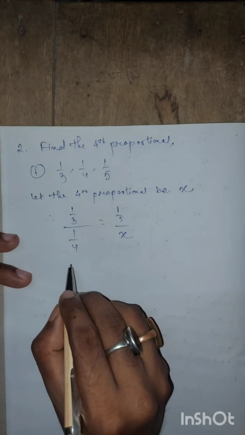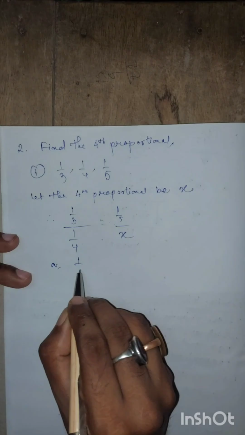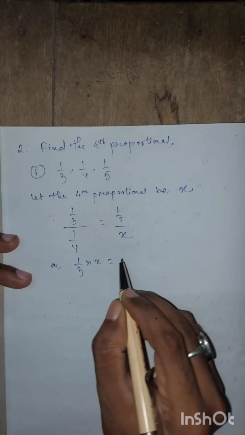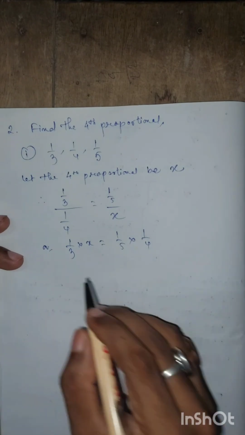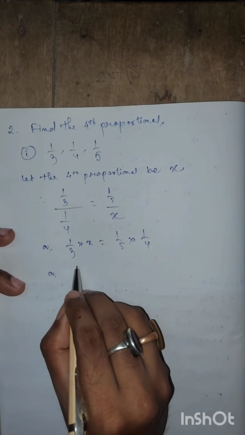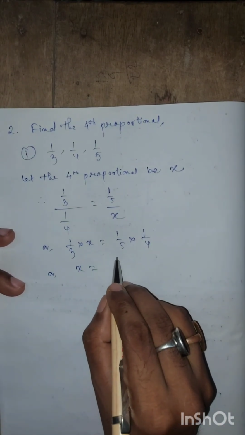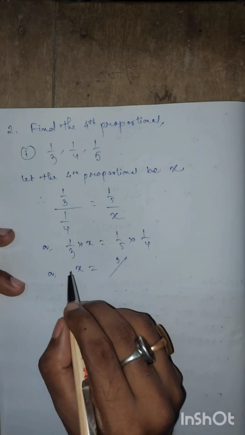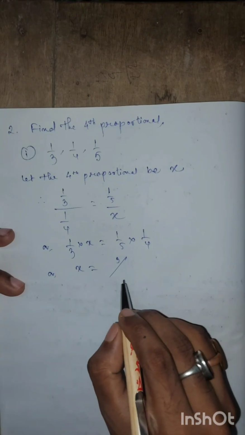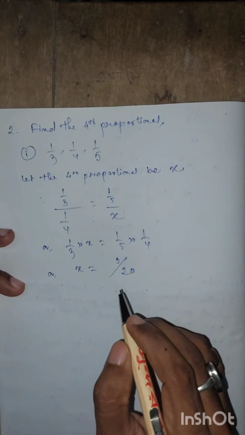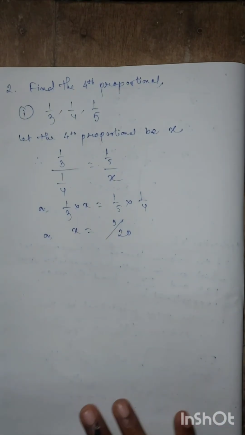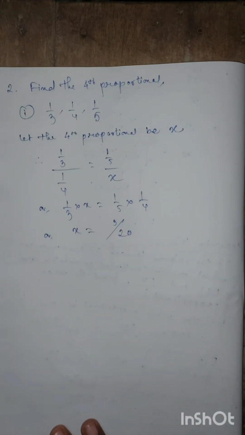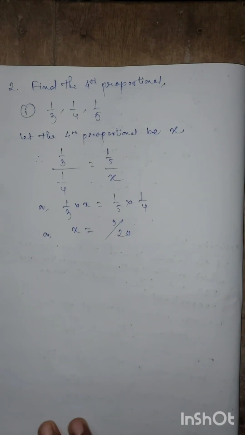So by cross multiplying we can write, so the value of x is 3 by 20. This is our fourth proportional.